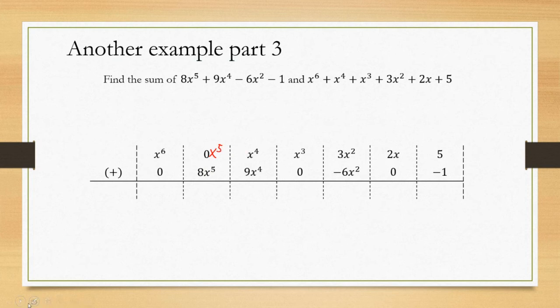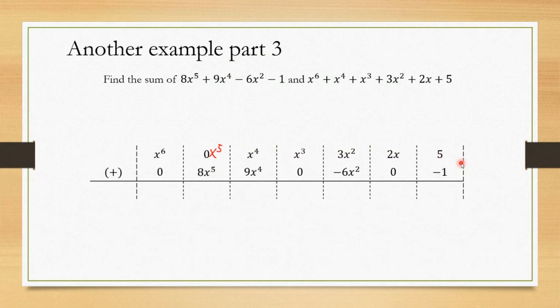Okay. And then we have x to the 4. That's 9x to the 4 goes in there. There's no x cubed term here, so we could put 0 here as a placeholder, or 0x cubed, either one, that's fine. Minus 6x squared. That's going to go here. And there's no x term, right? So we're going to put that 0 here as a placeholder. Then we have minus 1.